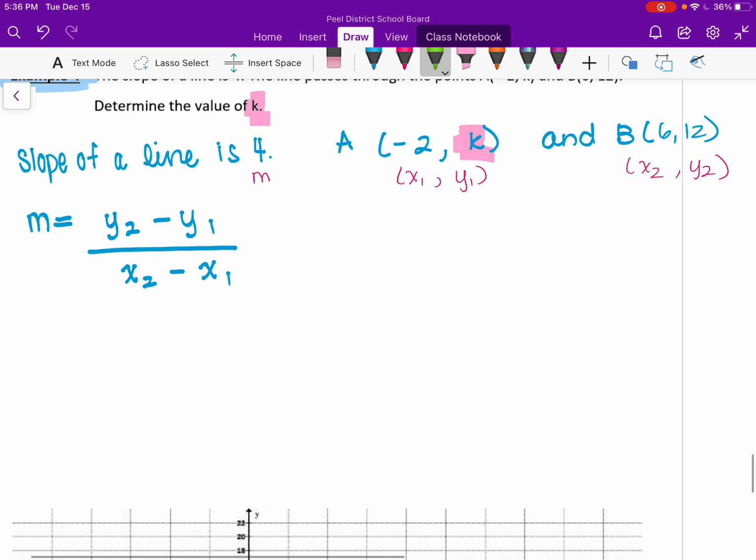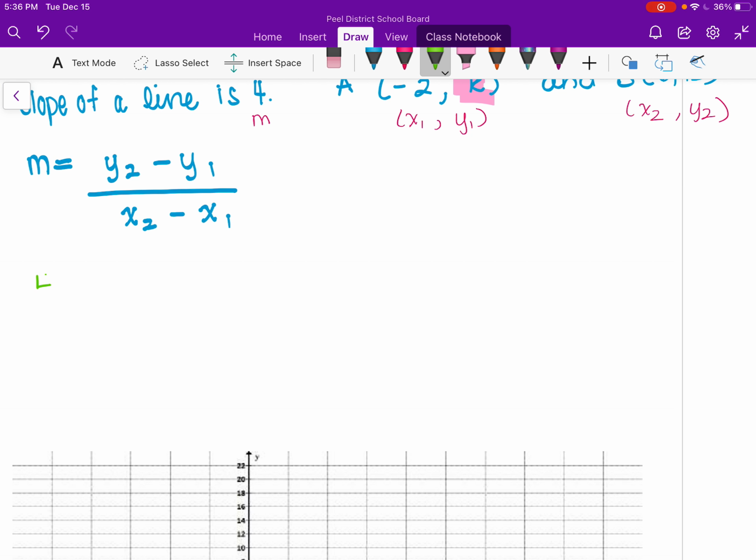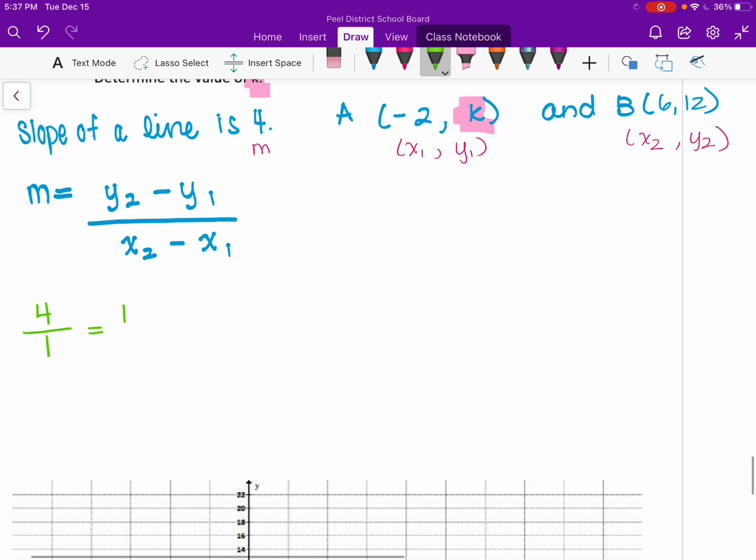Let's just start plugging in numbers. So I'm going to put in 4. I always like to put it over 1 if I'm working with fractions. I'm just going to put 4 over 1 is equal to y2, which is just 12, right, minus k, over 6 minus negative 2.